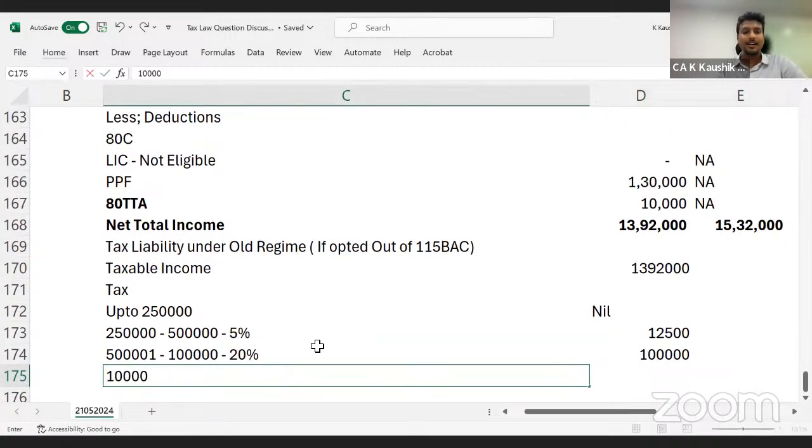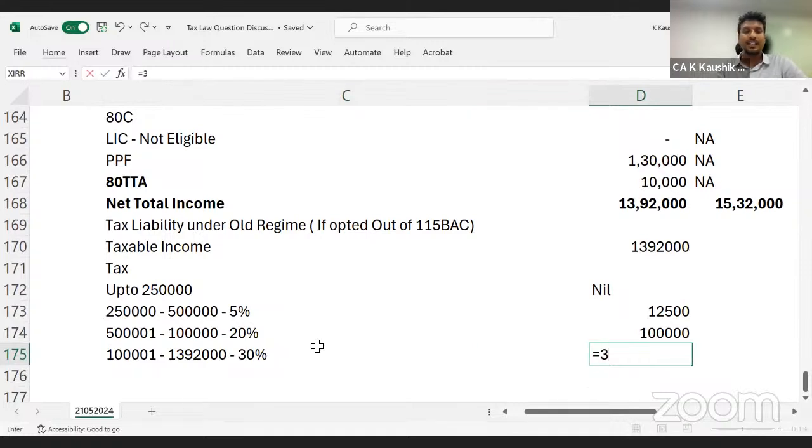Then 10 lakh 1 to 13 lakh 92,000 is 30%. So 3 lakh 92,000 into 30% is 1,17,000.